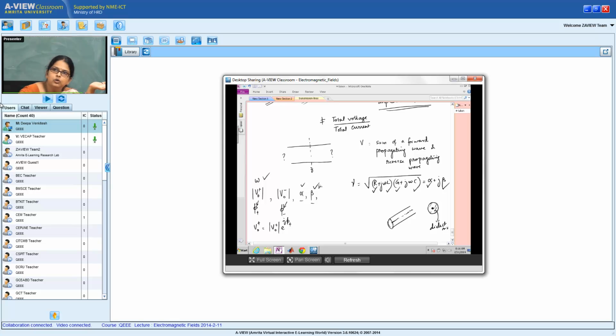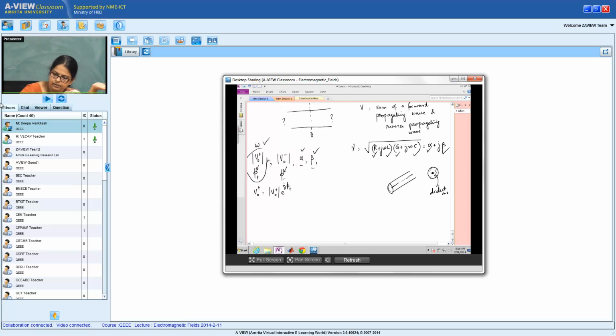What is unknown here? The only unknowns you have are these voltages, the amplitudes of the forward propagating wave and the backward propagating wave. Those are the unknown quantities in this problem. The question is, how do we find those quantities? Intuition says that the voltage that will get developed across this line obviously should depend on what you apply here.